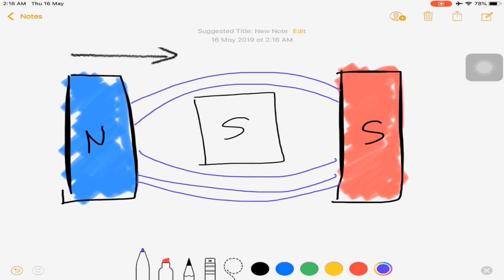Now it shows that the magnetic induction inside the sample is lower than the magnetic induction outside the sample. The magnetic susceptibility of diamagnetic substances has a negative value.